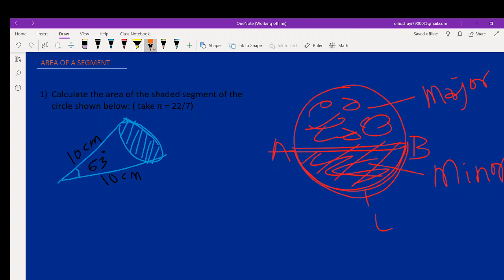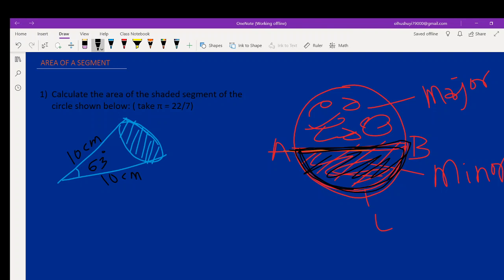The perimeter of this segment, which looks like a semicircle but is not one, is the length of the chord AB plus the length of the arc. That will give you the perimeter of the segment.